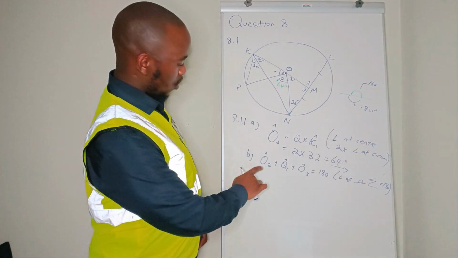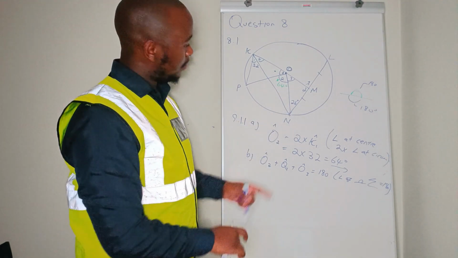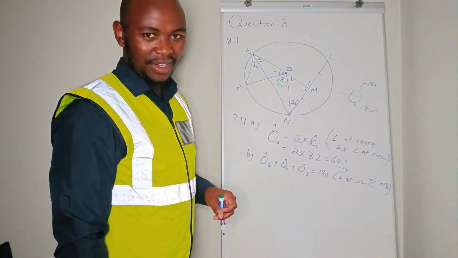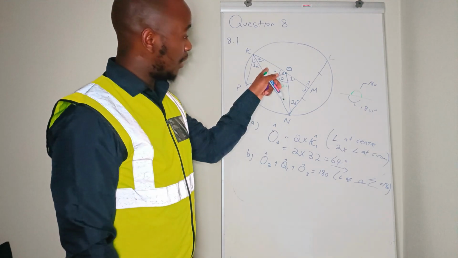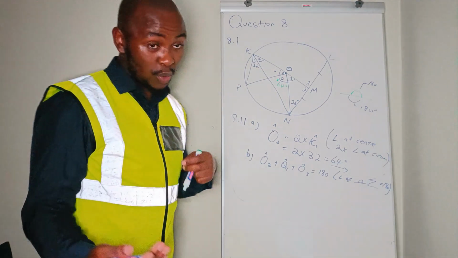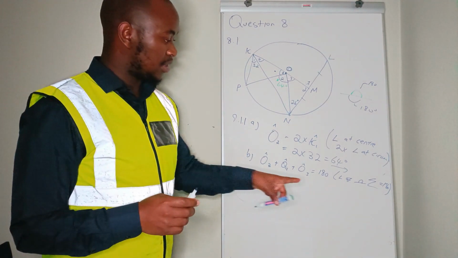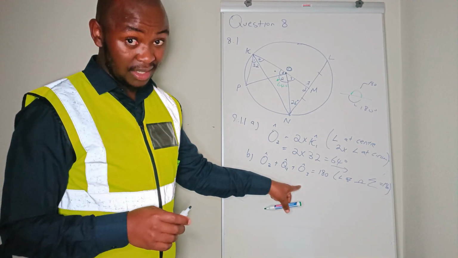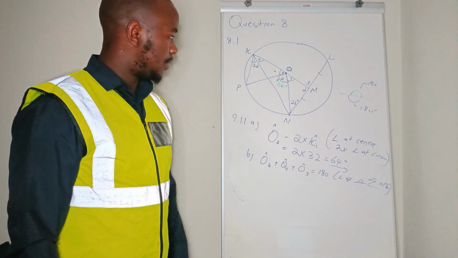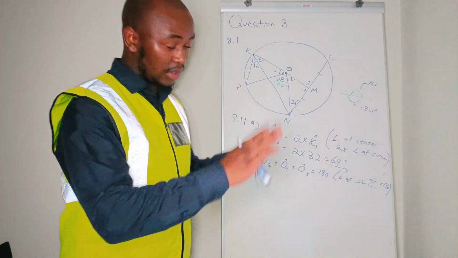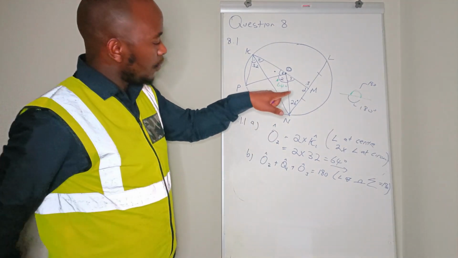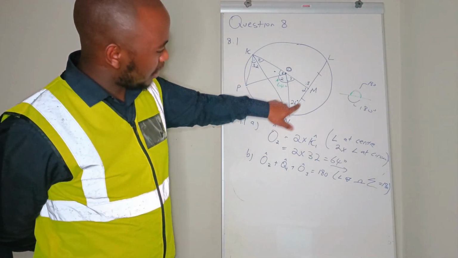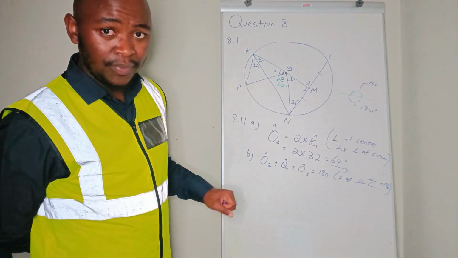We have O2 here, which we've just calculated, but we don't have O3 and we don't have O1. So there's also an unknown in there. So the question is, can we get O3 easily? That's where you have to look at the bigger picture. O3 is in a triangle in here.